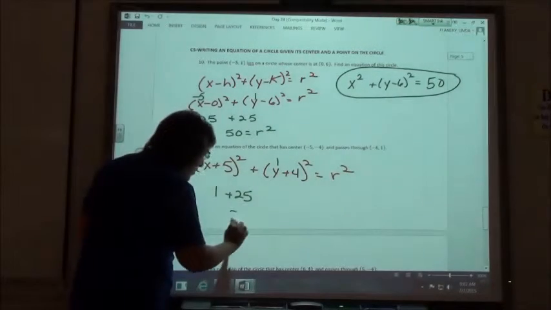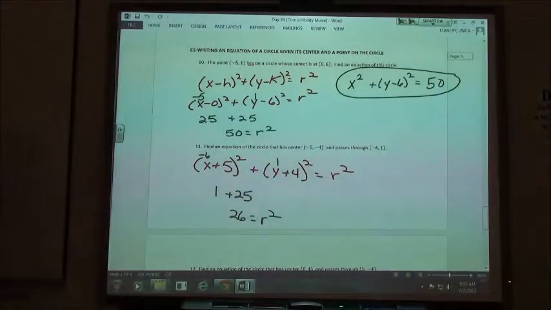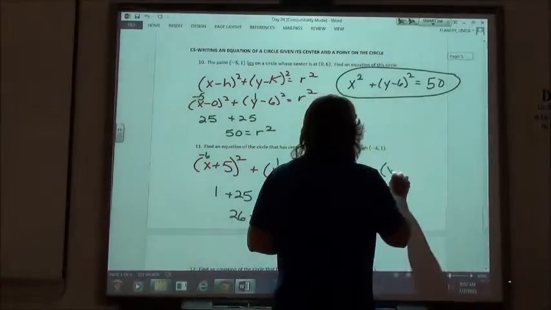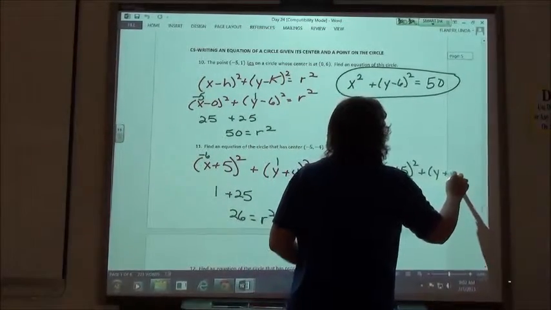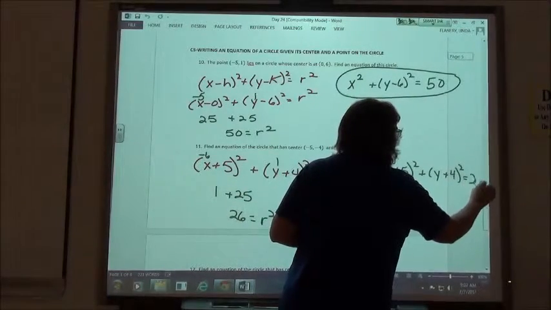And so 1 plus 25 gives us 26 for the value of r squared. So the equation of our circle is x plus 5 squared plus y plus 4 squared equals 26.